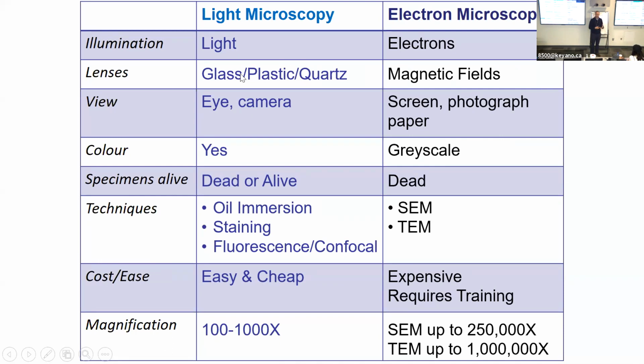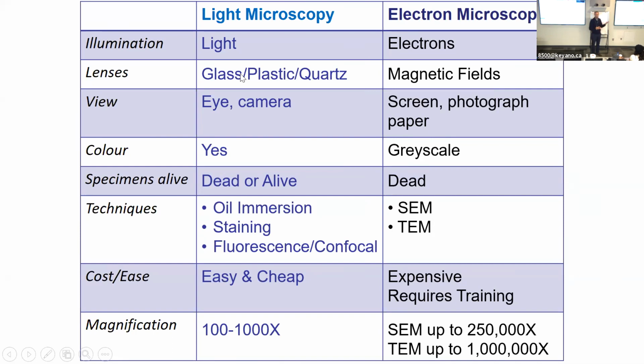There are several techniques. Most of the techniques do fall into the two categories of scanning or transmission, SEM or TEM microscopy. It's expensive. The training is quite extensive in some cases, and so that means you have to hire somebody who has that training, and it's not necessarily done everywhere, right?